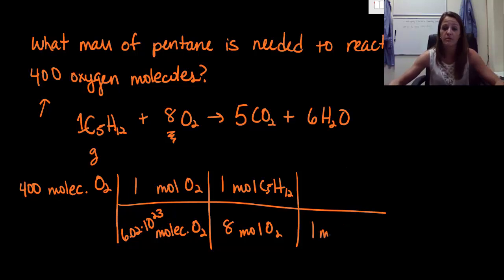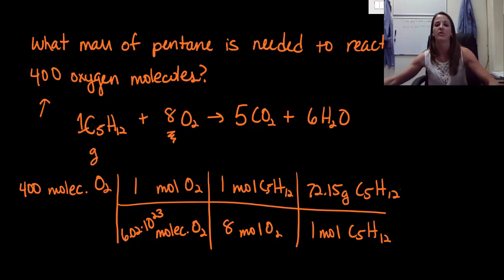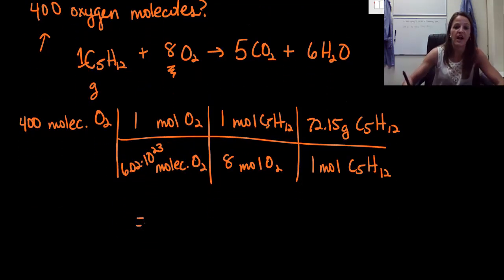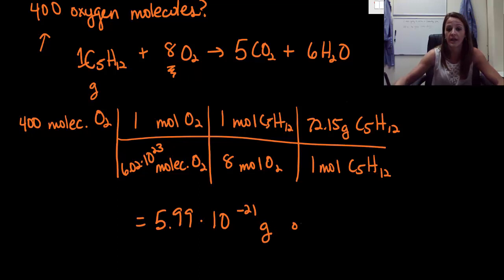For every 1 mole of pentane, we just use that molar mass. We know we have 72.15 grams of pentane. All right, so now if you calculate that out properly, you should end up with an answer equal to something like 5.99 times 10 to the negative 21 grams.